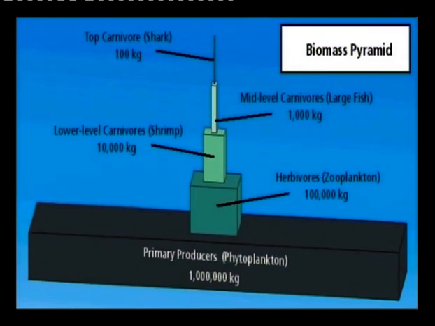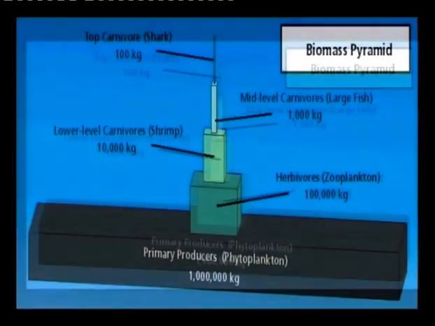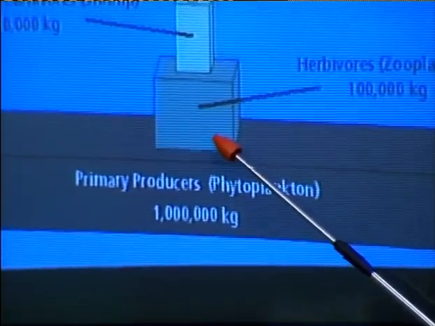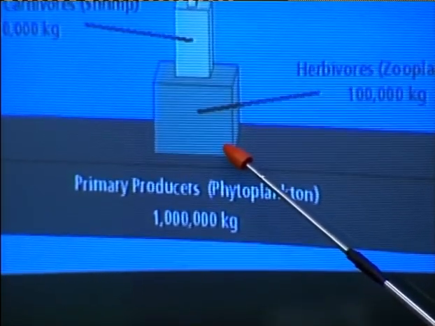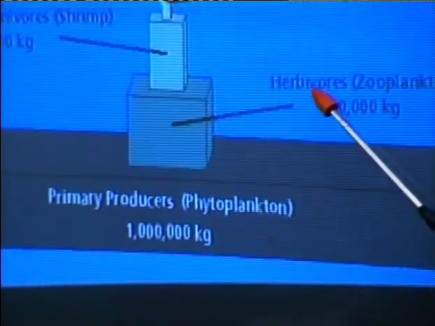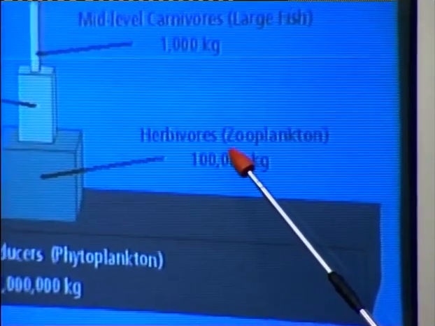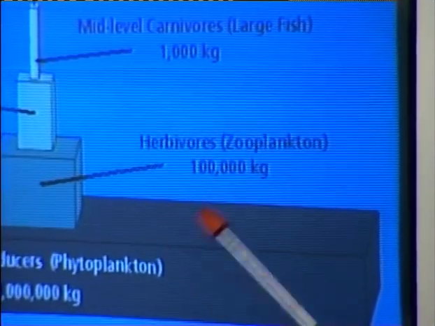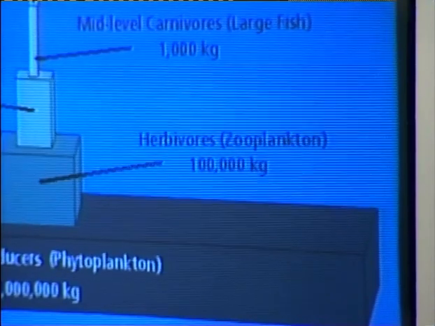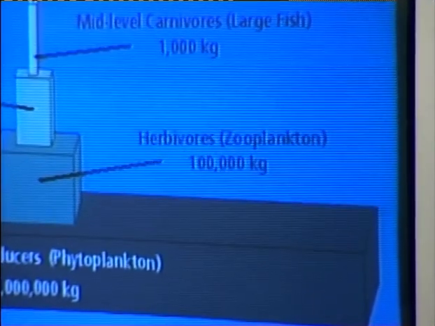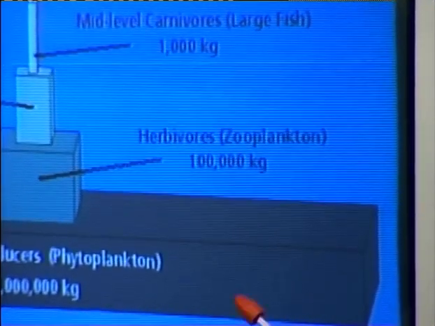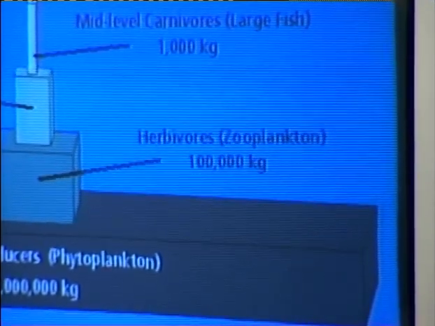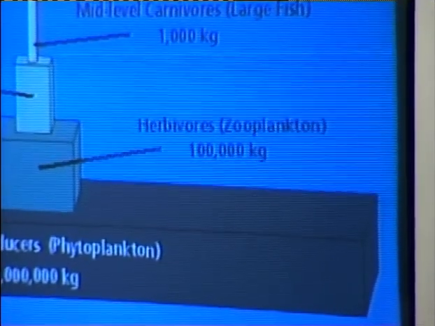Next to it, just above that gray rectangle, you have a square cube there. Now that is made up of other little herbivores in the sea. And how many can you see there? 100,000.